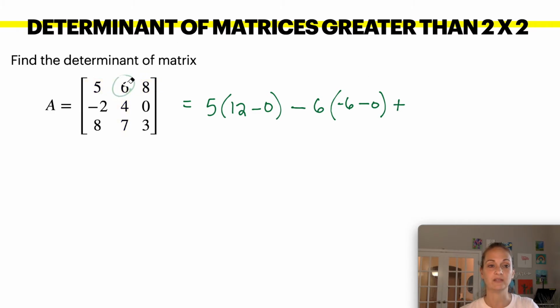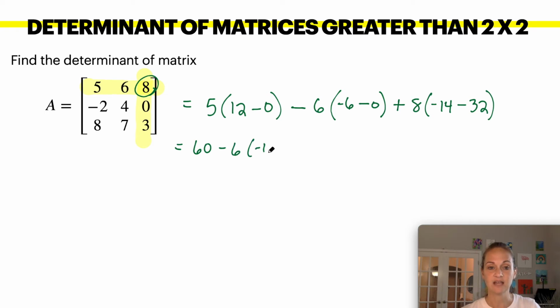And you are going to go the first row in the last column. 8 is what is being intersected, and you're going to take the determinant of the 4 numbers not used. Negative 2 times 7 is negative 14. 8 times 4 is 32. So you will get 5 times 12, which is 60.